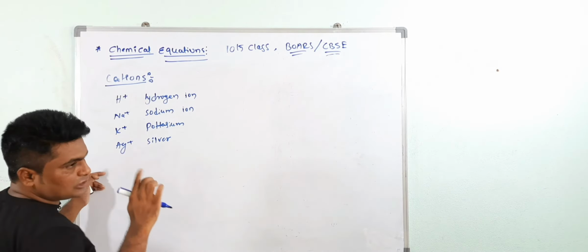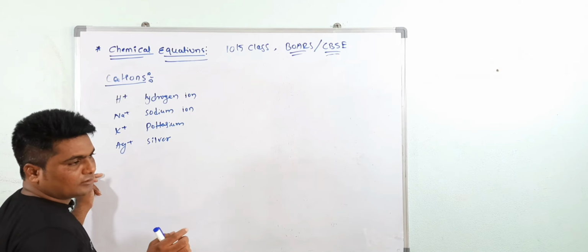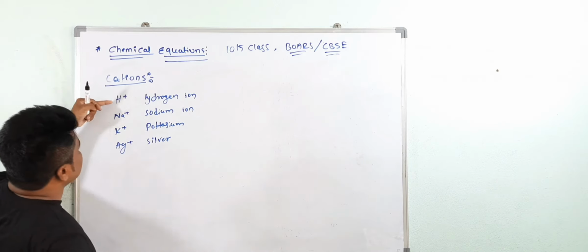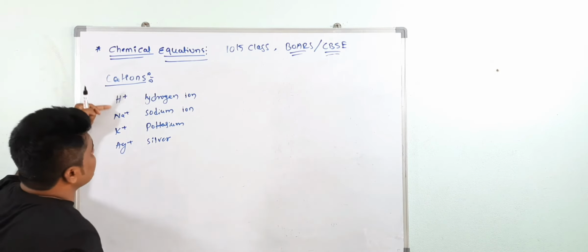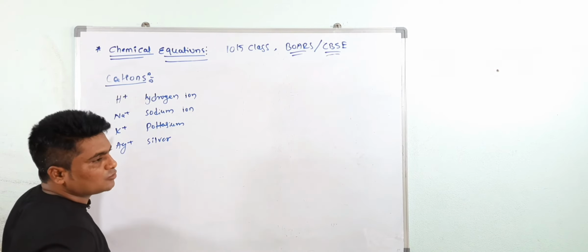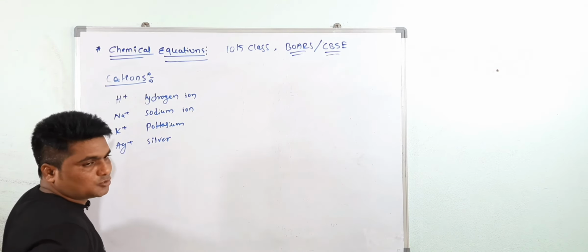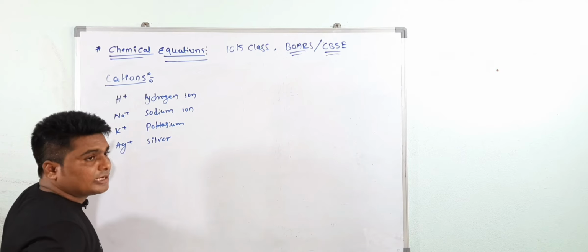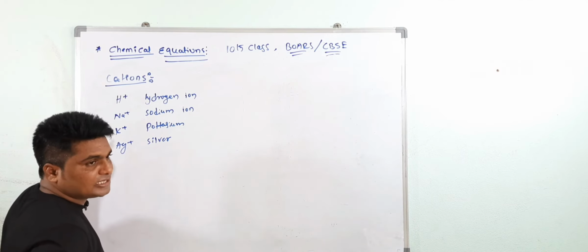These are called monovalent ions. If the positive charge is +2, then it's divalent. +1 means the valency is 1, +2 means divalent, the valency is 2, and +3 means trivalent, the combining capacity is 3.